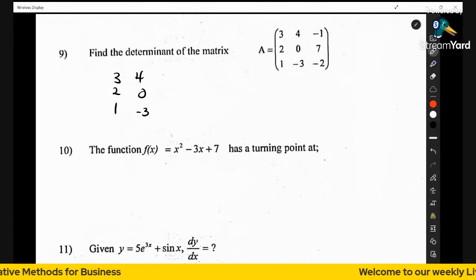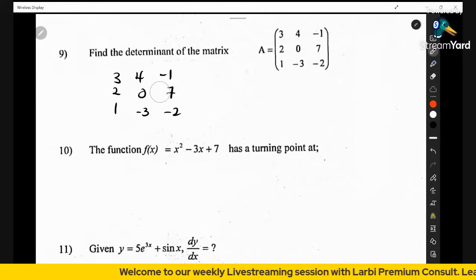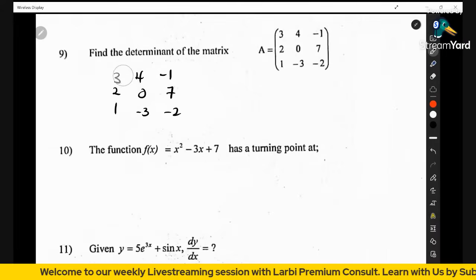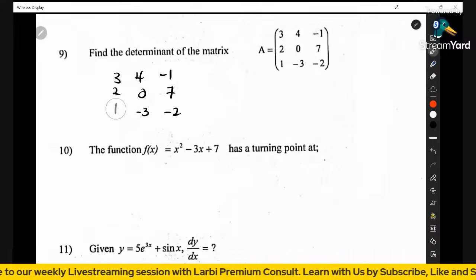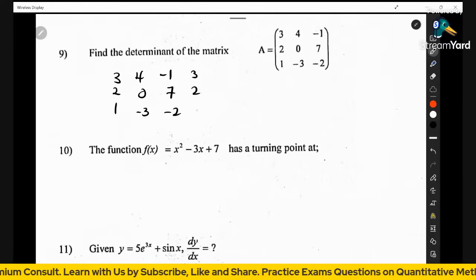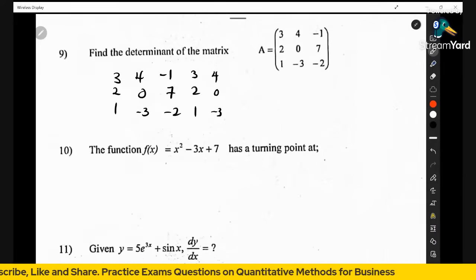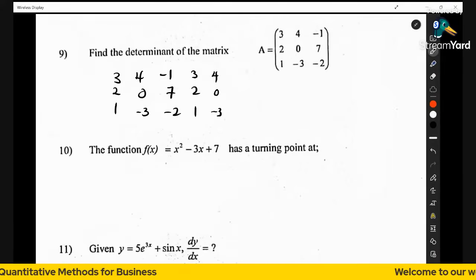Then we have here to be -1, 7, and then -2. So if I want to find the determinant of this matrix, all that I want to do here is to repeat the first two columns of the original matrix A. So that becomes 3, 2, 1, and we have 4, 0, -3. So once I repeat that, then I introduce my upward arrows and downward arrows.